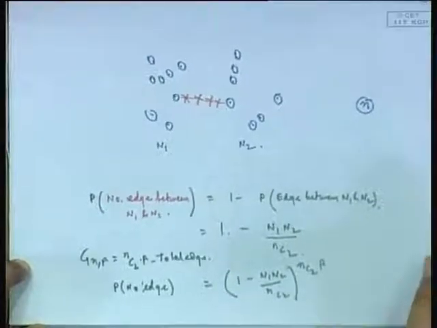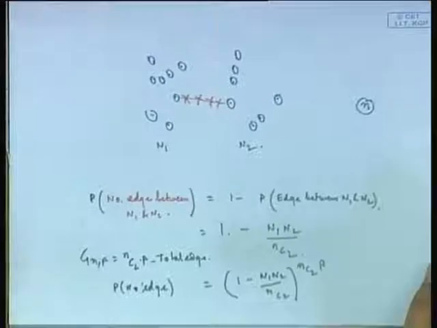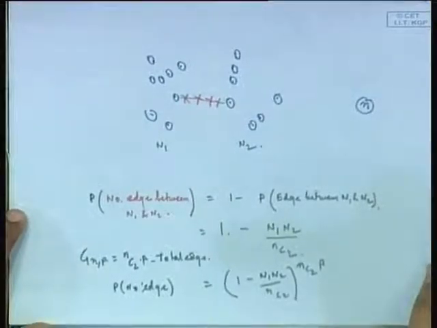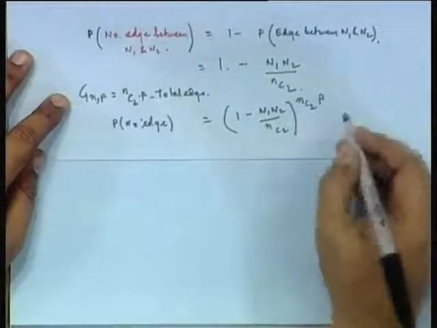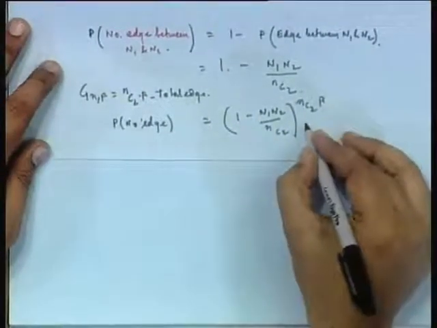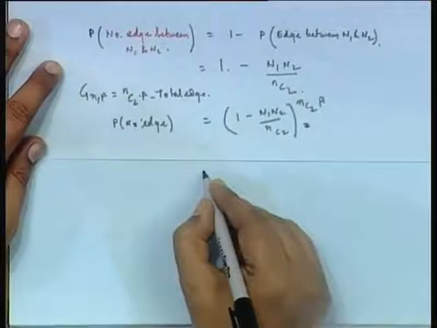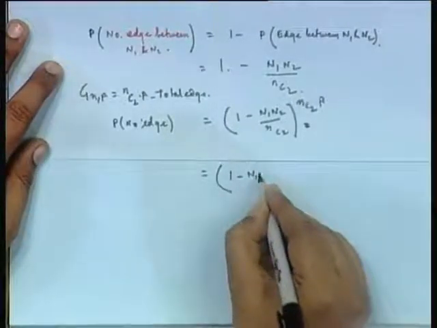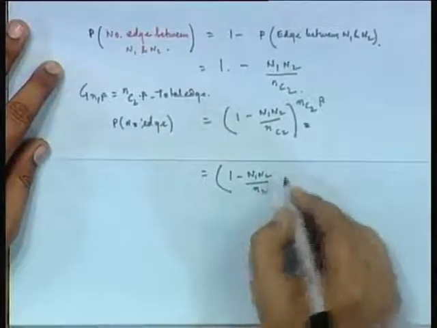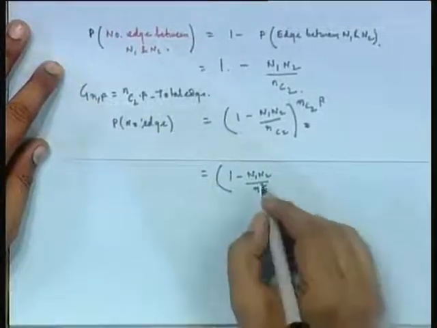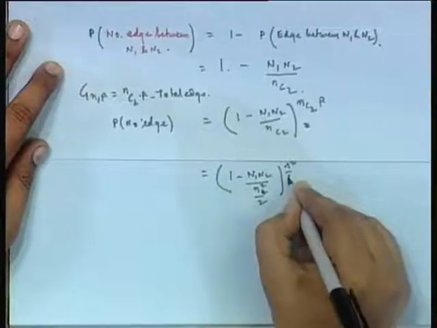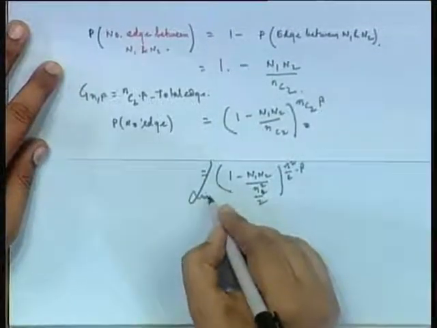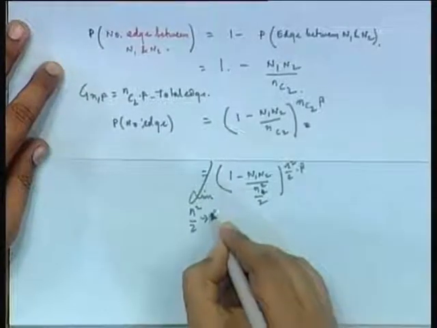Okay. So, I can write it as (1 minus n1 n2 by n square by 2) to the power n square by 2 into p, since n into n minus 1 is about n square, and I take the limit n square by 2 tends to infinity.